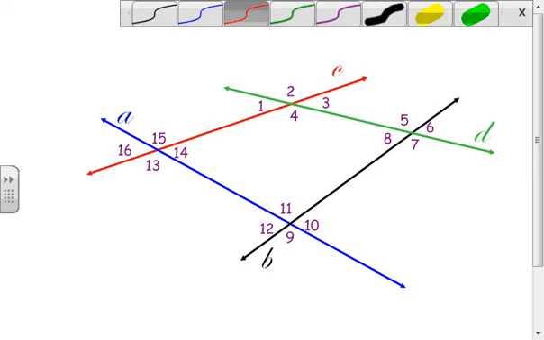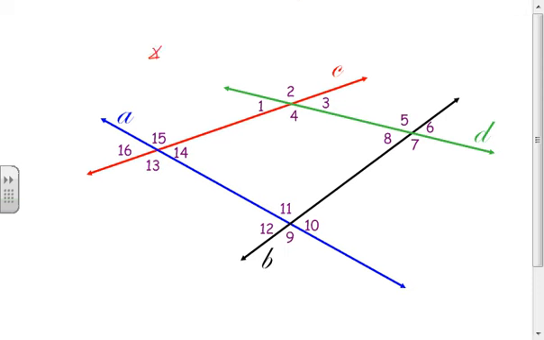So if I wanted to talk about alternate interior angles formed with transversal C, I might say angle 1 and angle 14.